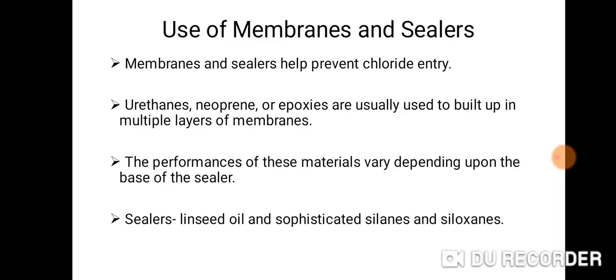Use of membranes and sealers. Membranes and sealers help prevent chloride entry. Urethanes, neoprene, or epoxy are usually used to build up multiple layers of membranes. The performance of these materials varies depending upon the base of the sealer. Sealers include linseed oil, and sophisticated sealants and siloxanes.